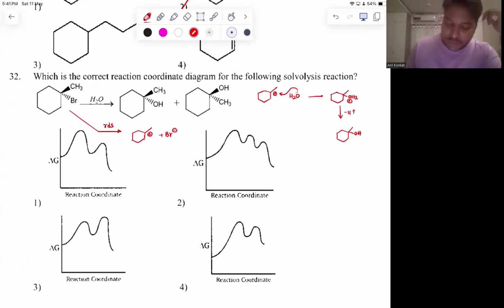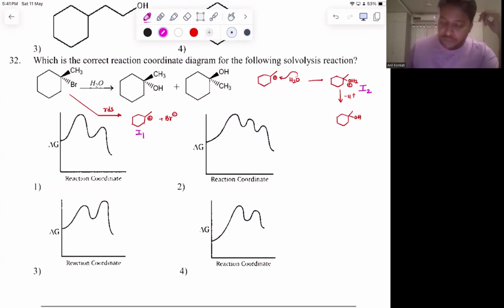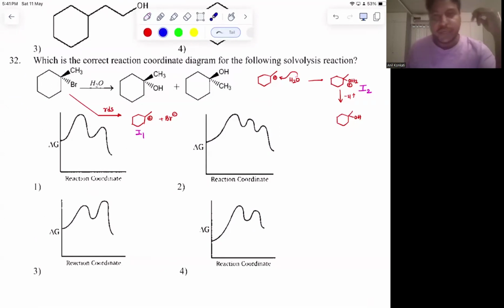So if you notice, this is intermediate 1, this is intermediate 2. So we need to have 2 intermediate states and 3 transition states, because you can see this is one arrow. Arrow 1 means 1 transition state, 2 transition states and 3 transition states.